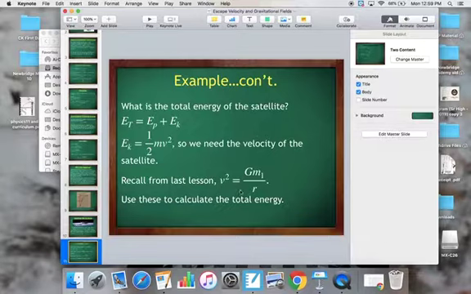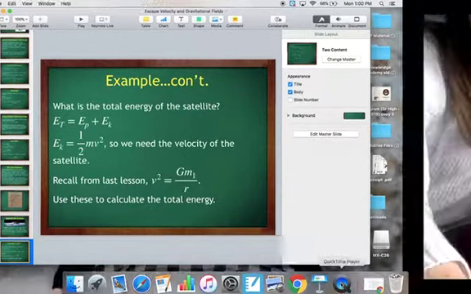We did that in the last lesson, where we know that v squared is equal to the universal gravitational constant times m1, the mass of the Earth, sorry, m1 is always the mass of the thing you're orbiting around, divided by the radius. So we can use that. Let's go back to the board and get that done.